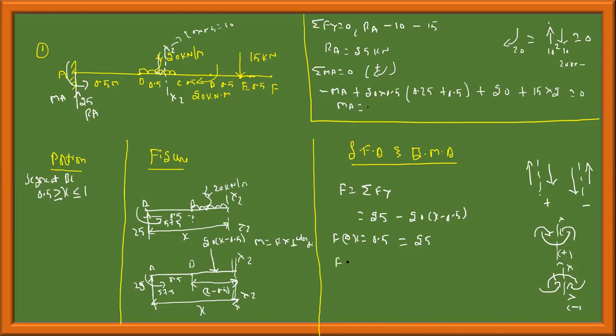F at x equal to 1 is 25 minus 20 into 0.5, which is equal to 15 kilonewton. Hope you can understand this.